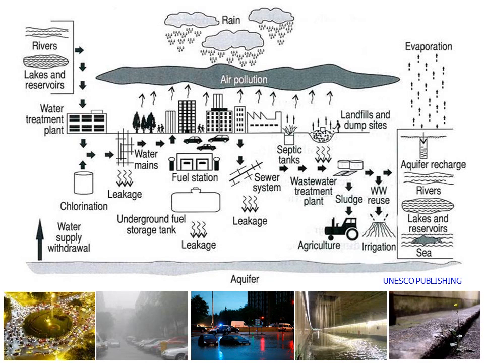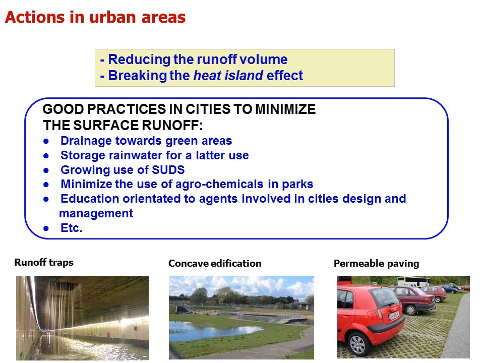This slide, also taken from UNESCO, displays the large number of pollution sources that can affect groundwater below a city. So, actions in urban areas tend to reduce the runoff volume and to break the heat island effect.